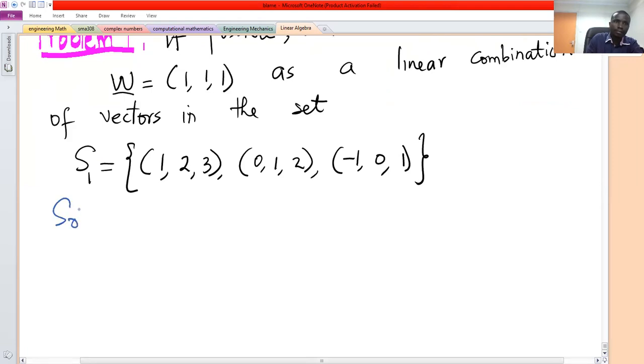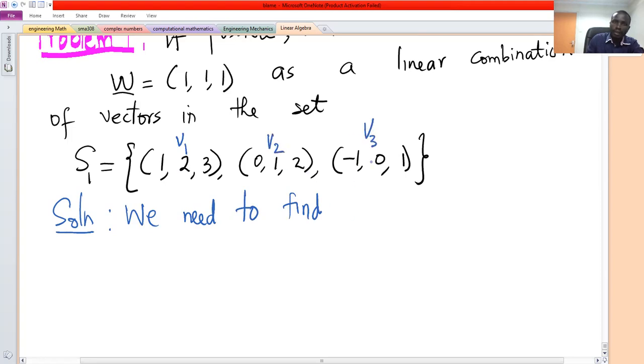Solution. We need to find... we can call this vector V1, this one V2, this one V3.